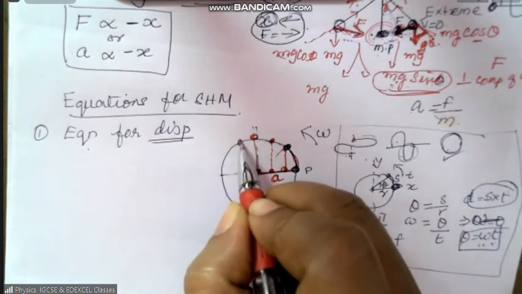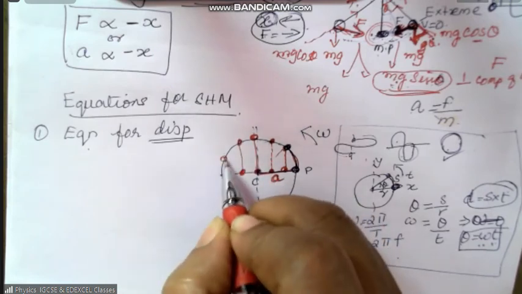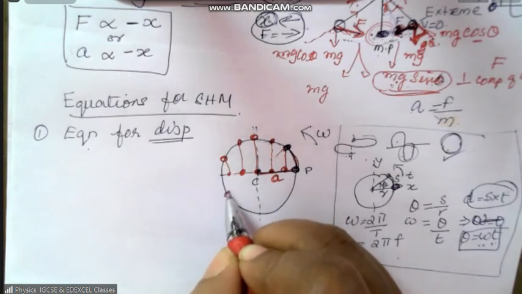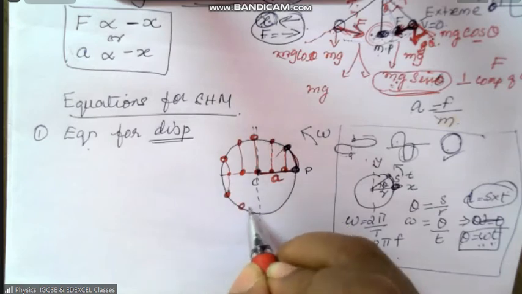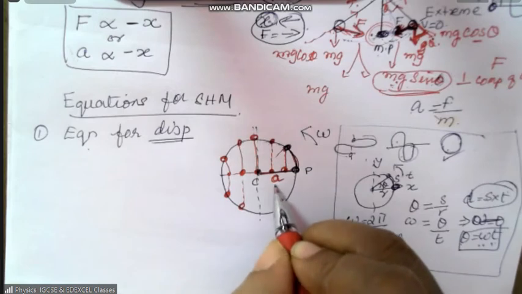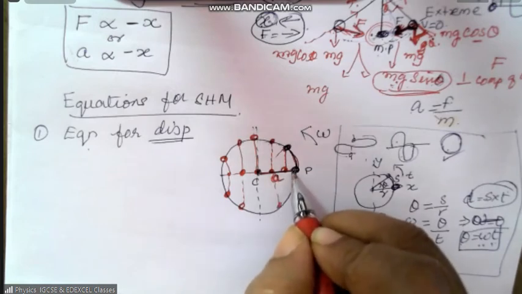When the particle comes to this, its perpendicular is this. When the particle comes here, this is the perpendicular. When the particle returns, this is the perpendicular.